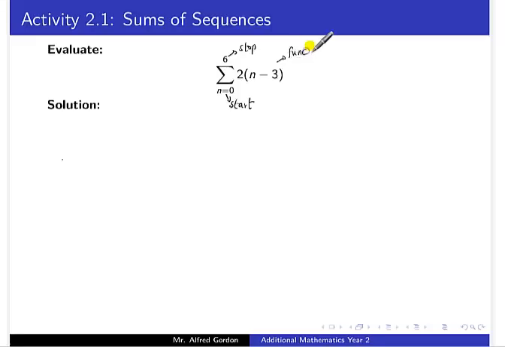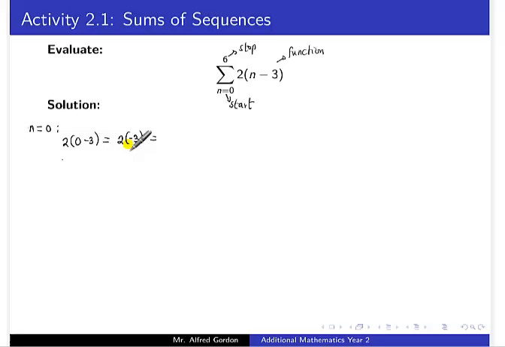So when n is equal to 0, our function becomes 2 in a bracket, and in place of n, we have 0 minus 3, which simplifies to give us 2 times negative 3, since 0 minus 3 is negative 3.